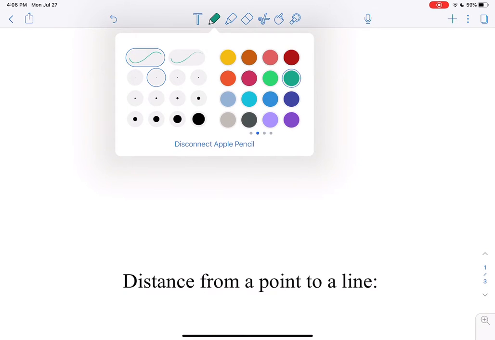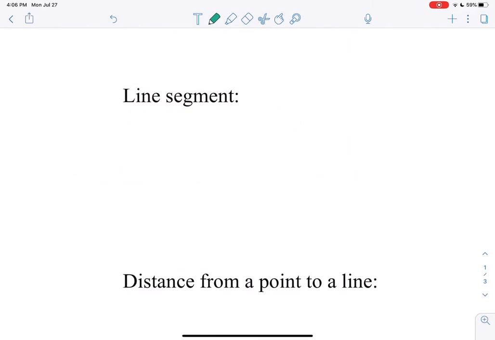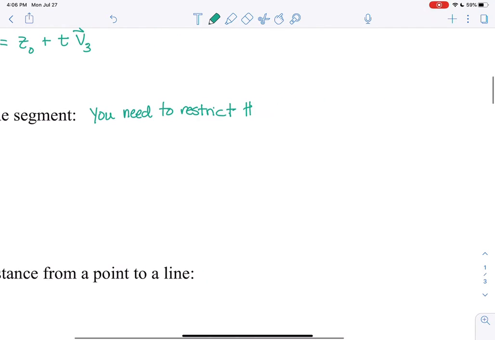To get a line segment, you need to restrict the parameter t to just the section you want.